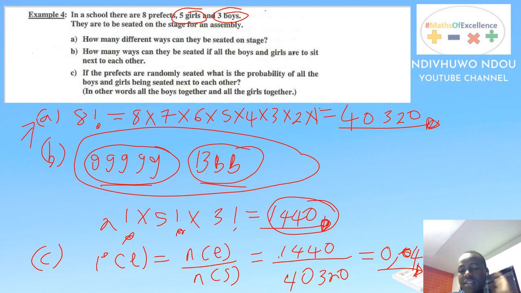So you see, there are low chances that when you just select those prefects, all boys and all girls are seated next to each other.